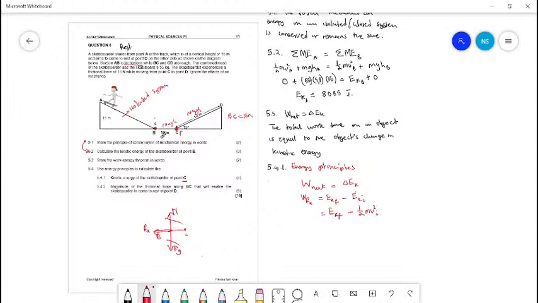Okay, let's see. If we take point BC as our path of study, it's going to be difficult because, again, it's not making sense why BC is also 15 newtons, right? It can't be the same frictional force on a horizontal surface and an inclined surface.